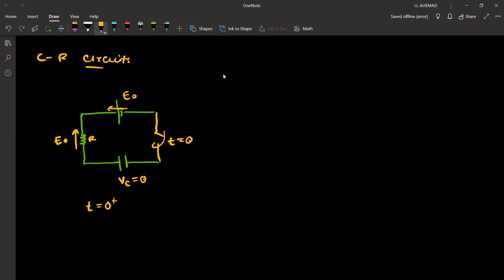Okay. After some time, the capacitor starts to get charged. Then the EMF across the battery will drop across the resistor, that is VR, and now we will have a drop across this capacitor also.